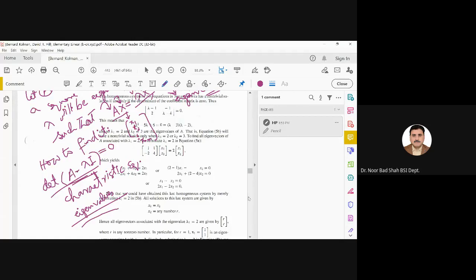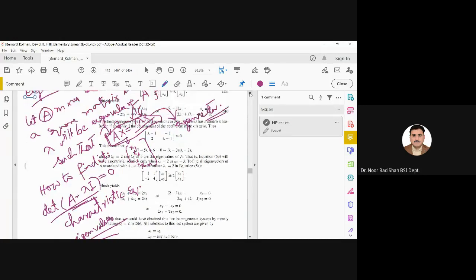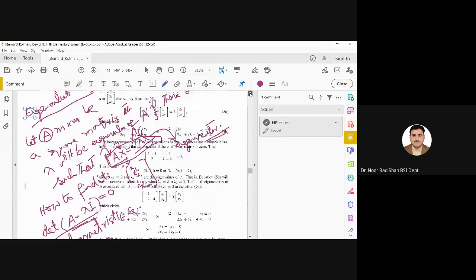Solution of this equation will give you the eigenvalues, and then by putting the value of lambda and A in this equation, we get a homogeneous system of equations, and the solution of the homogeneous system will give you the eigenvectors. I'm doing a simple example of 2 cross 2.